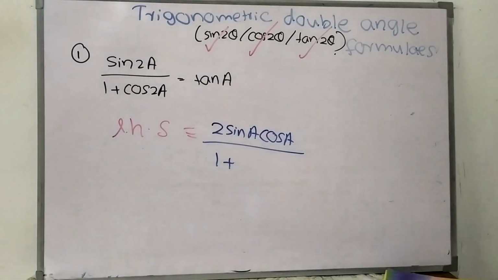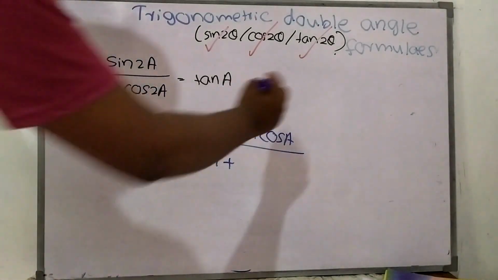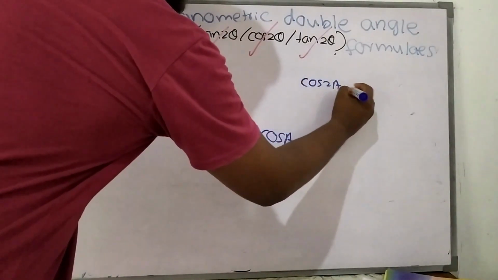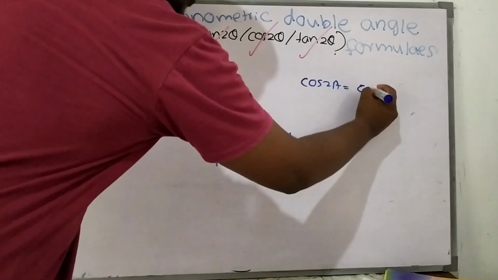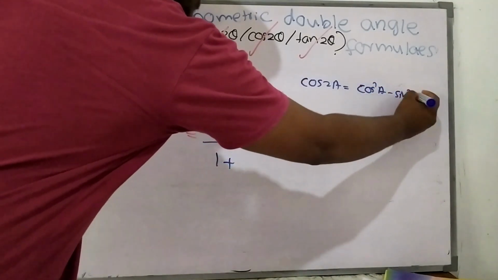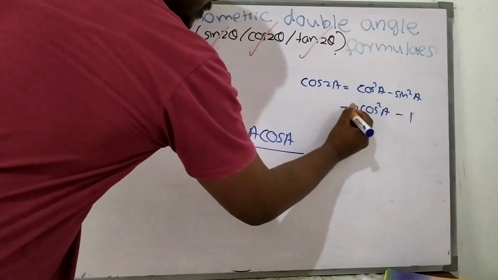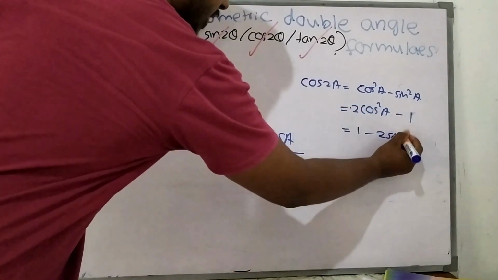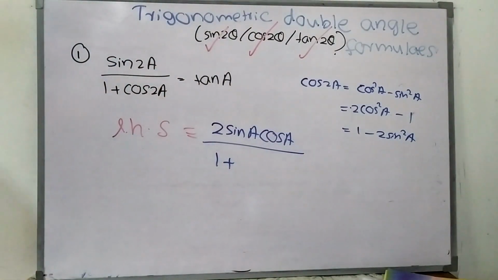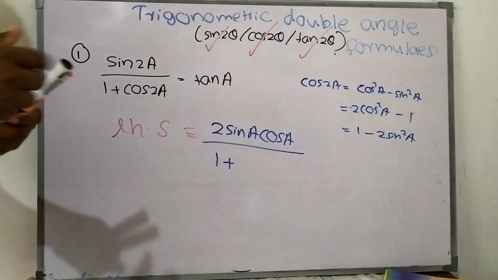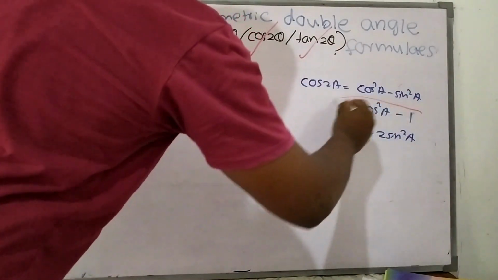Cos 2A has 3 equations: cos squared A minus sin squared A, 2 cos squared A minus 1, or 1 minus 2 sin squared A. So what is the suitable one for this? The suitable one is this one.